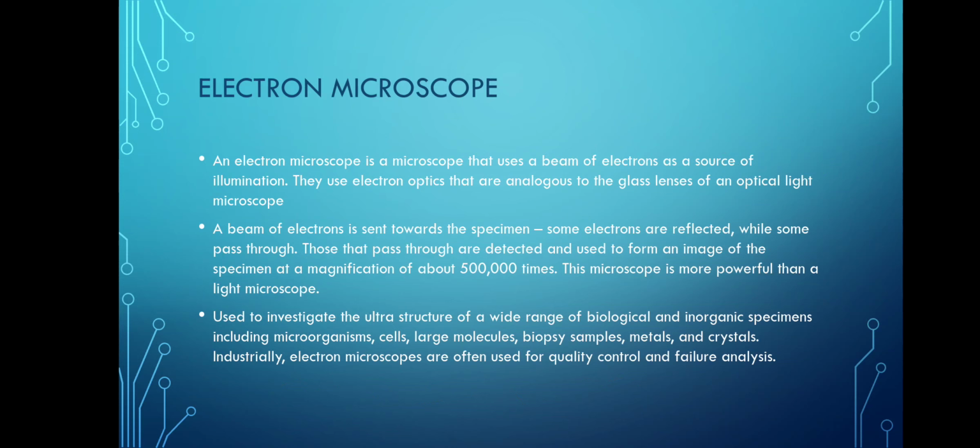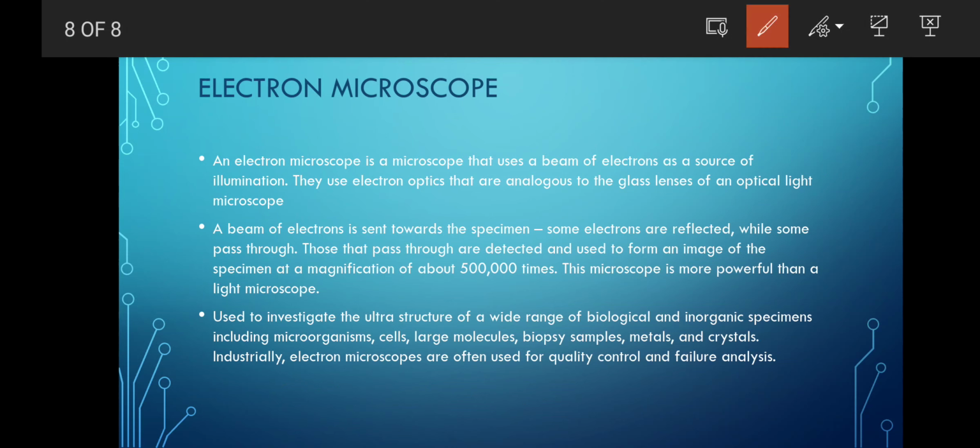Then moving next to the electron microscope. An electron microscope is a microscope that uses a beam of electrons as a source of illumination. The last, fluorescent microscope uses a fluorescence filter and wavelength, right? Here, in the electron microscope, it uses a beam of electrons. It uses electron optics that are analogous to the glass lenses of an optical light microscope.